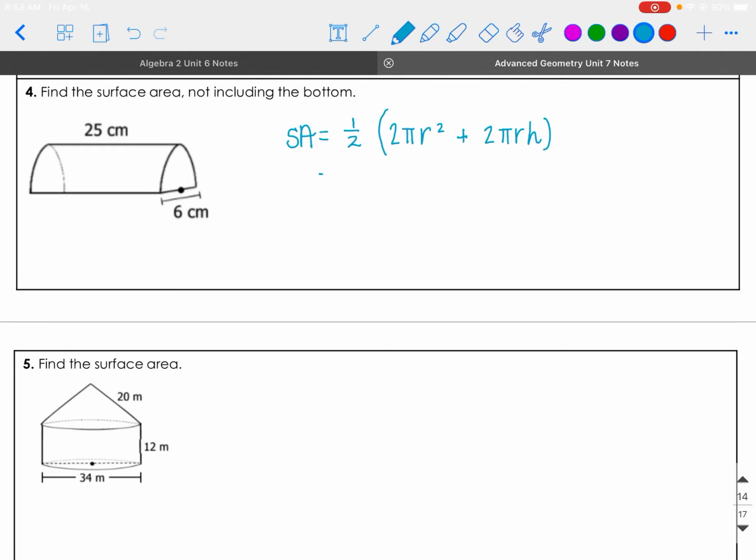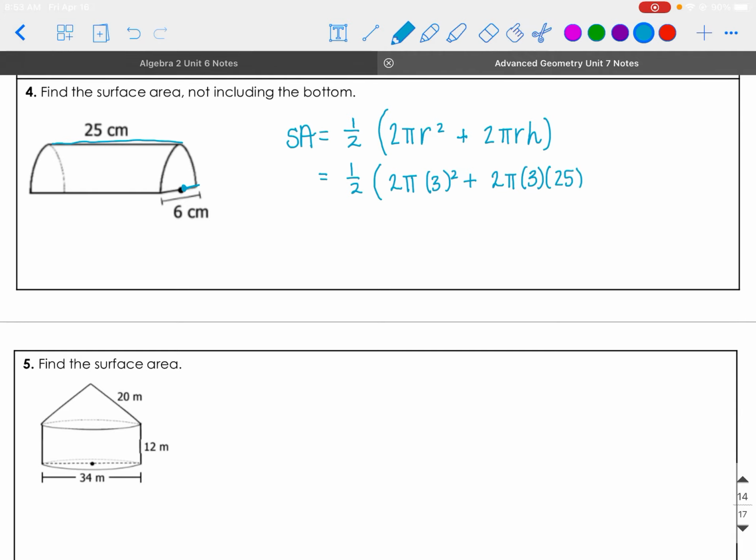Or you may be used to doing that flip-flopped. So we have 1/2 times the whole surface area. 2 pi, my radius is 3, plus 2 pi 3.